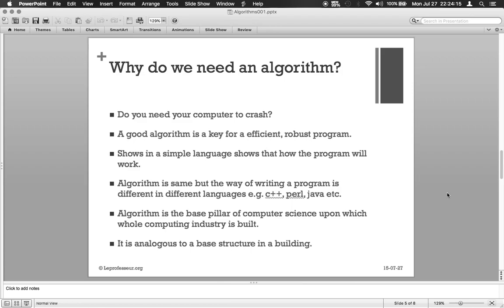Because the algorithm which was written in the beginning, upon which the code was written, was probably poor. That's why it crashed. Or maybe some other reason. The key idea here is that a good algorithm is a necessity for efficient, robust programs.